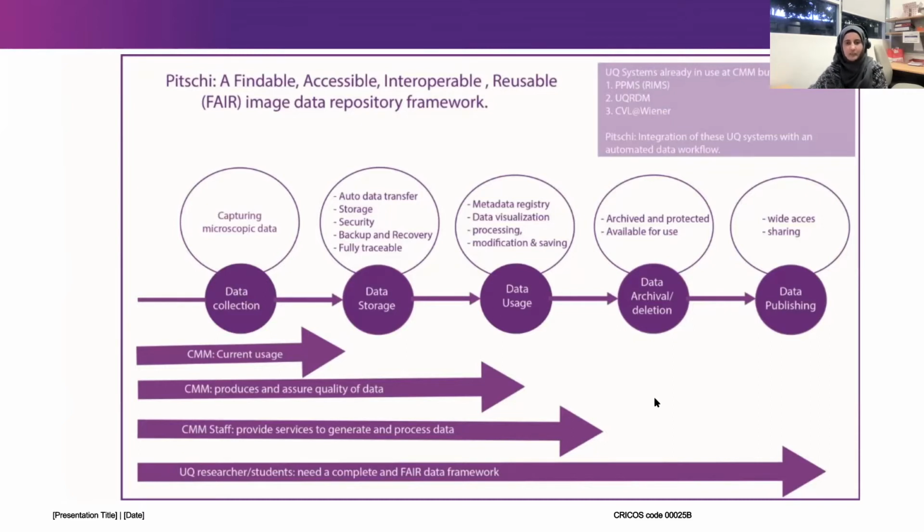Those kinds of things. So when it comes to usage, the most important thing when you talk about a FAIR data repository framework is that our data needs to be really rich, and it needs to have all the metadata related to when the experiment was started, when it was generated from the microscope, what the observations by a scientist were, or whatever.